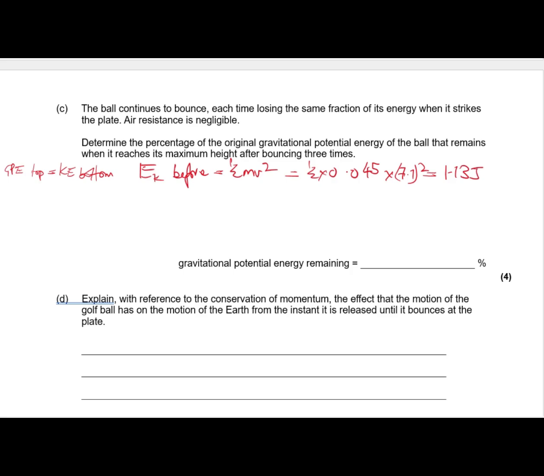Now, how do you work out the GPE for the second? So this is also equal to, let's put GPE 1, the original. Now we can work out the GPE for the first rebound, because you just use the kinetic energy at the bottom, its speed going up, because the kinetic energy at the bottom should be equal to the GPE at the top.